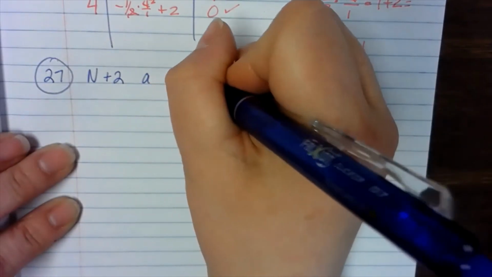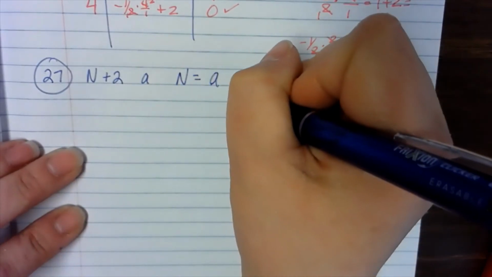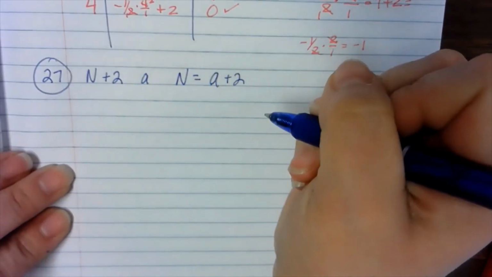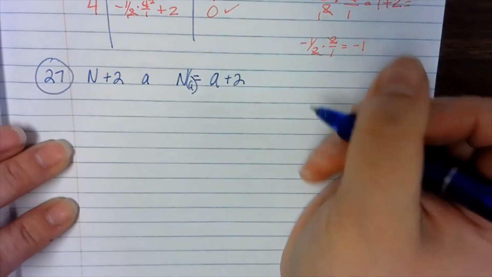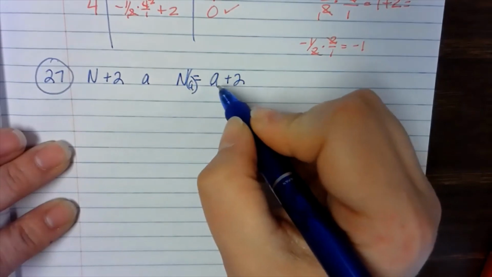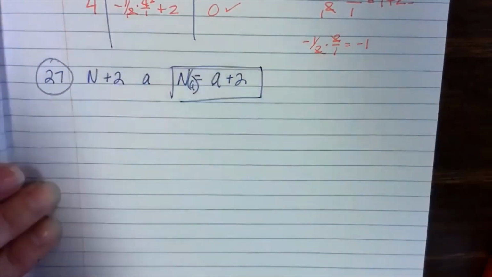He is equal to Angelica's age plus 2. Now it does say a function of, so let's go ahead and put the A here. So you have N of A is equal to A plus 2. Okay, and that will be your answer.